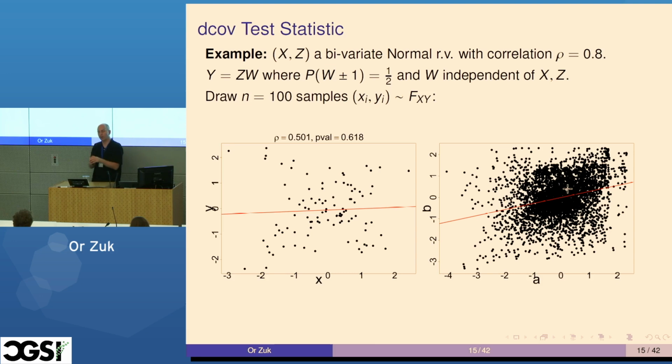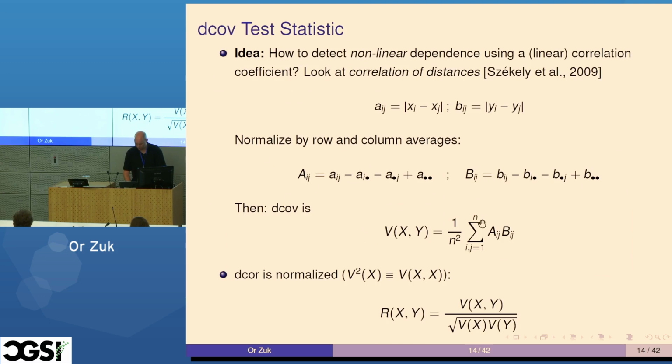You take n data points and generate from them n by n matrices. So it's not really like we are used to thinking about correlation, with independent observations. But the statistic is still, after you normalize, just the correlation.